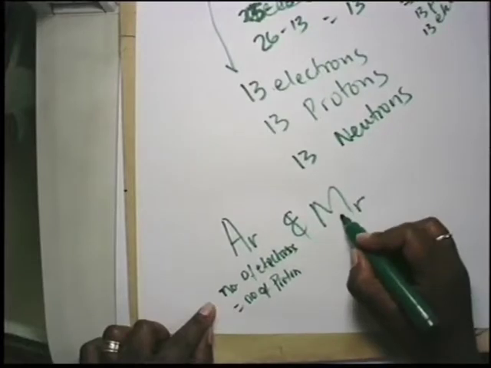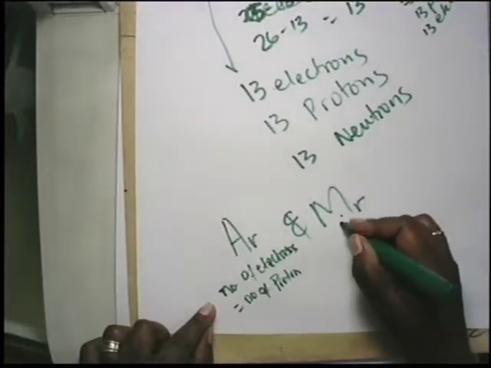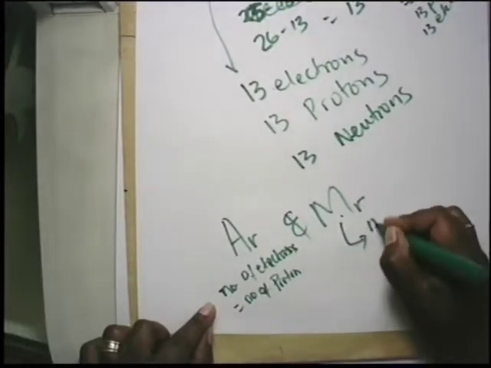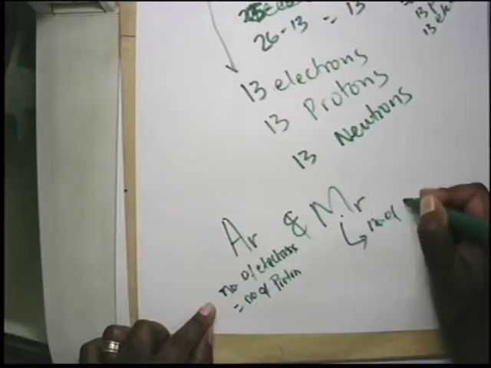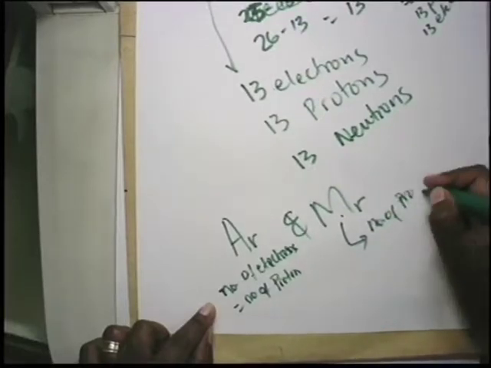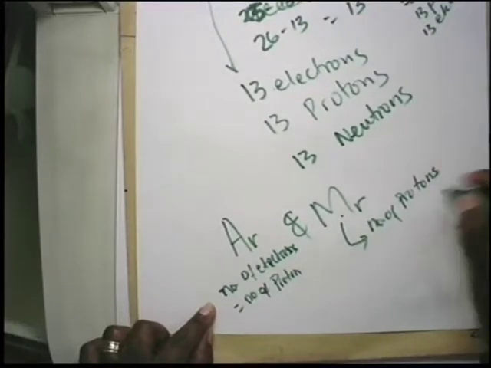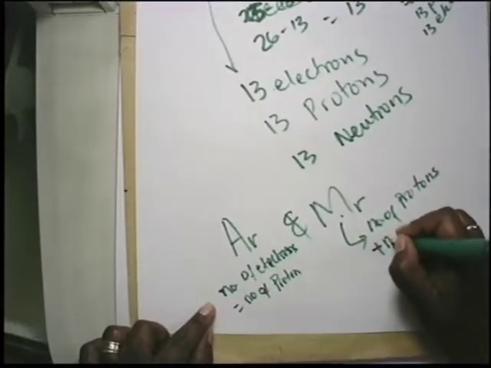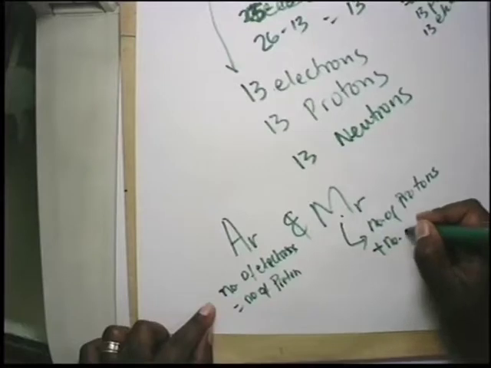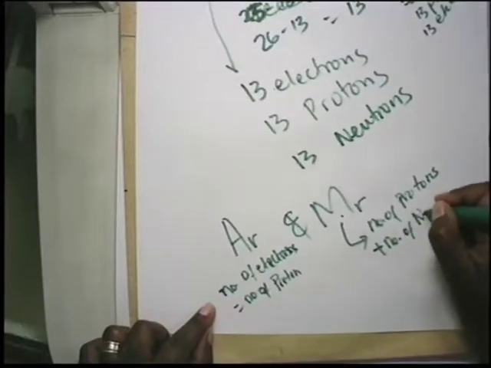While the relative molecular mass is given by the number of protons plus the number of neutrons.